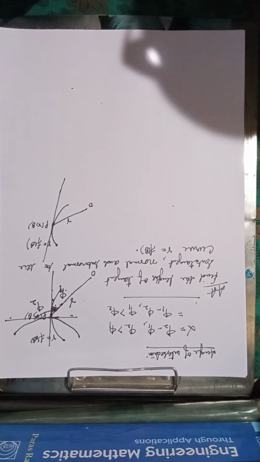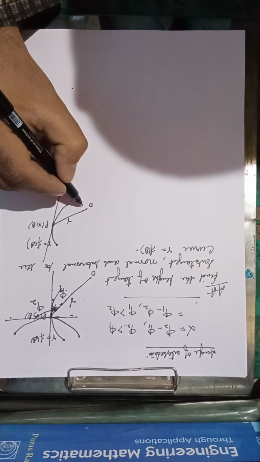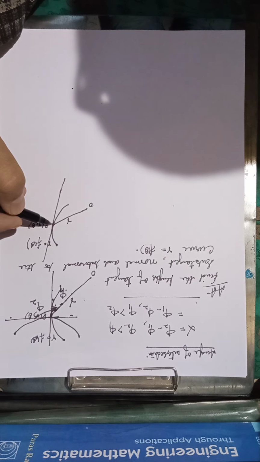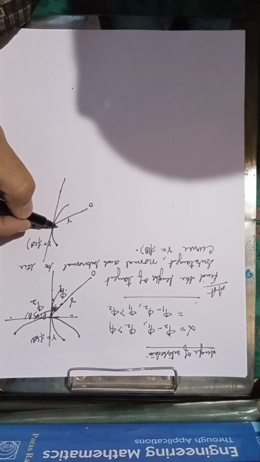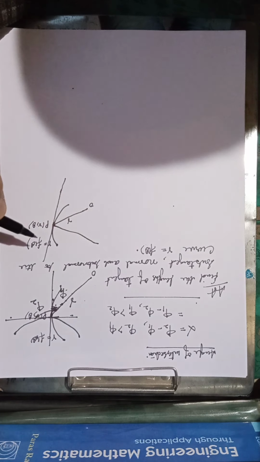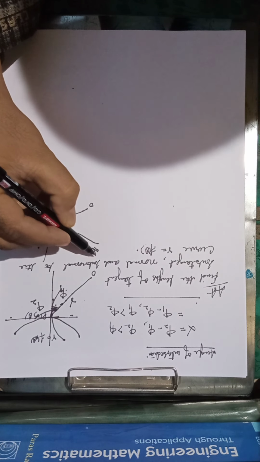Fine. Now from this point, let this be the normal to the curve at this point P. Say PN is the normal.